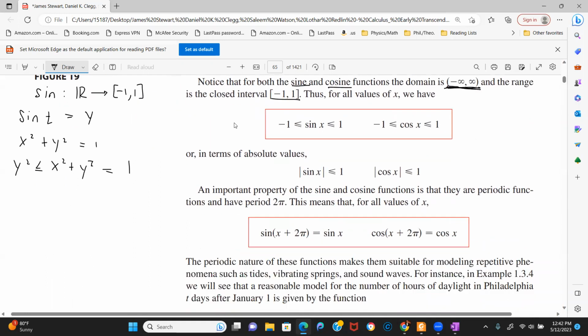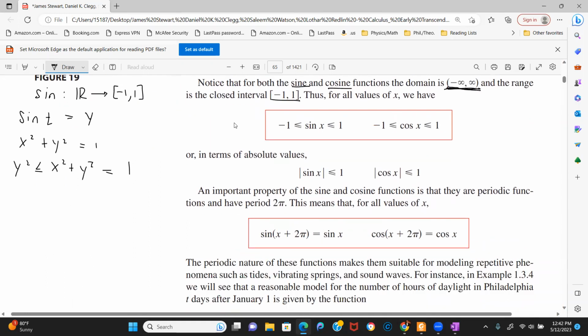So remember, if you're on the unit circle, you satisfy this equation right here. But certainly y squared is less than or equal to x squared plus y squared, because these are two nonnegative numbers. If you start with x squared and you add another positive number, you're just going to make it bigger. But you know x squared plus y squared is equal to 1. So that implies that y squared is less than or equal to 1.